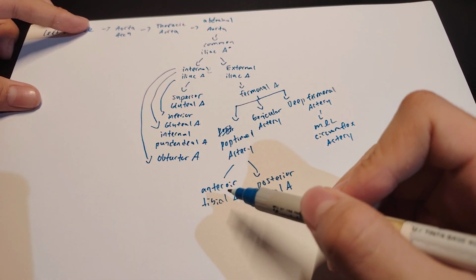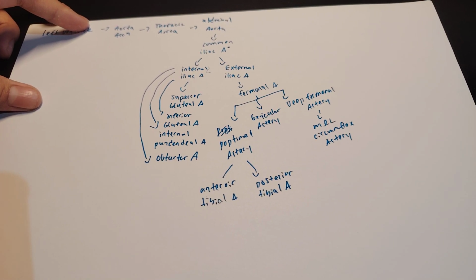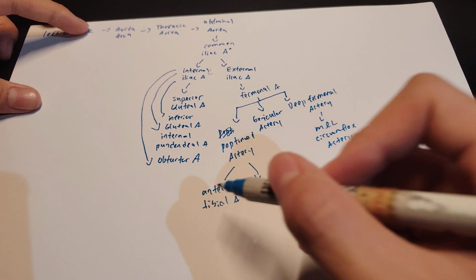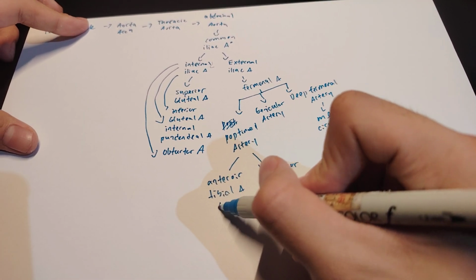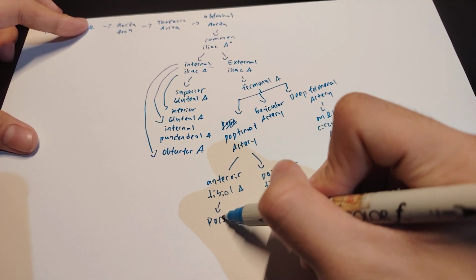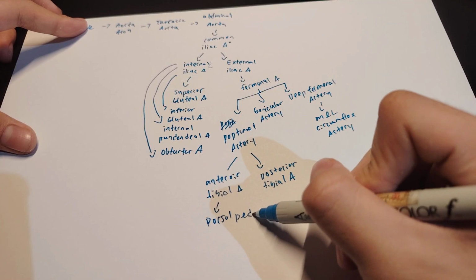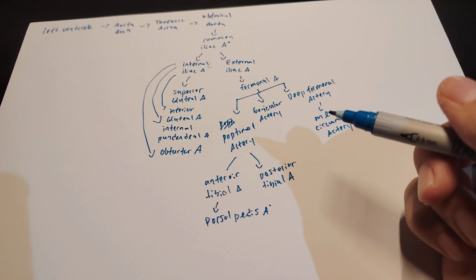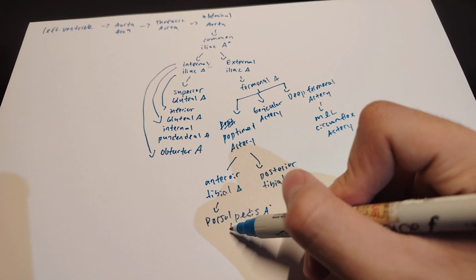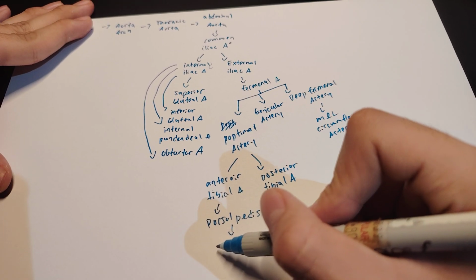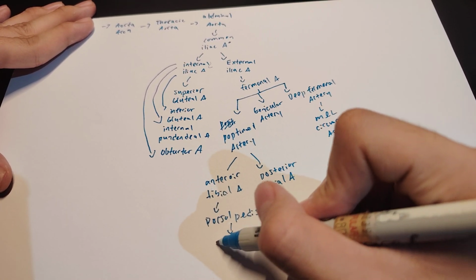Now for the anterior tibial artery, we know that the dorsal side of the foot is on the anterior side. So the anterior tibial artery is then going to split into this structure called the dorsalis pedis artery. The dorsalis pedis artery is then going to split into this structure called the arcuate artery.